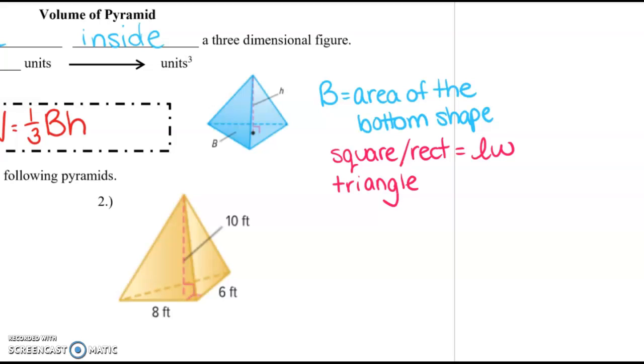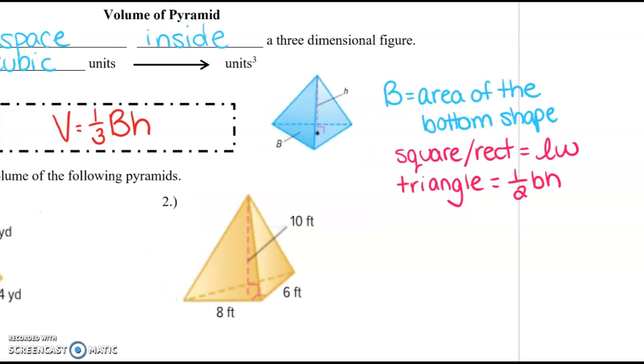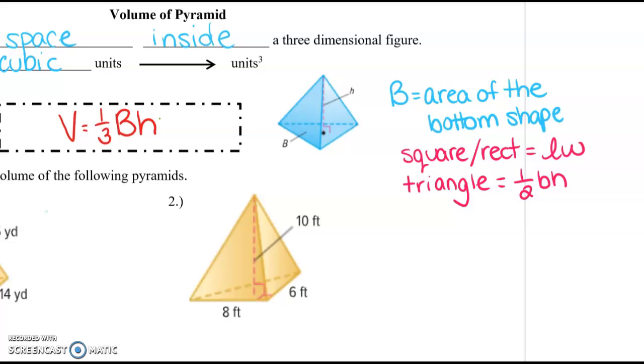And if it's a triangle, you'd be doing 1/2 base times height. So that part changes. And then you're always going to be multiplying by H, and H is how tall the pyramid is. Right there, that measurement is going to be our H.